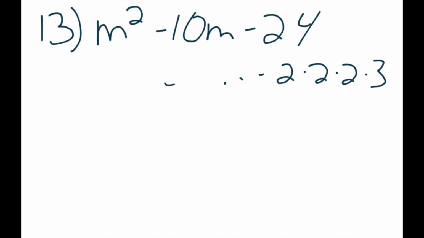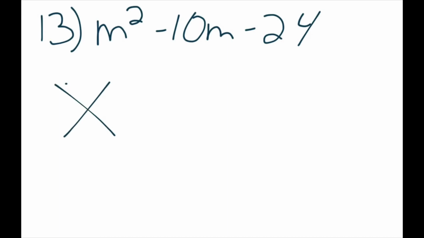So we're going to use X games to determine what two numbers, when added together, give me a negative 10, and when multiplied, give me a negative 24. Hopefully you determined that. That was a negative 12 and 2.